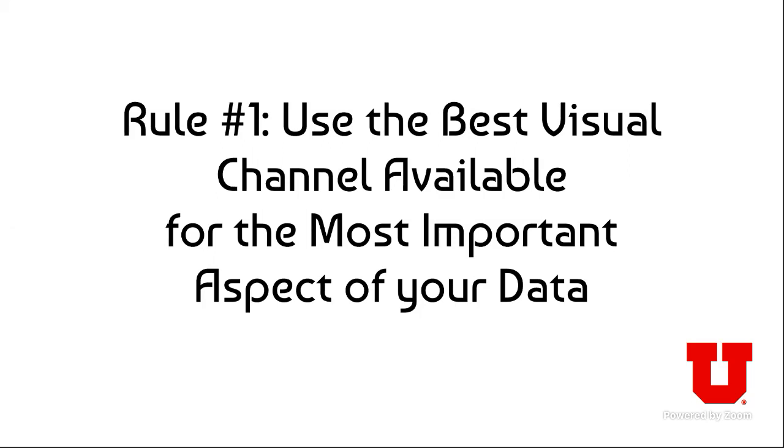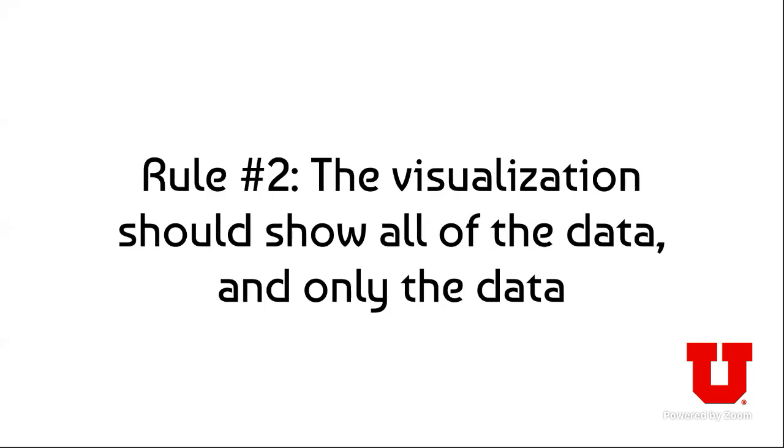If you can't, move on to any of the not so good ones, but always go through that list and follow that ranking to encode the most important piece of your data. We talked about this a lot last time, so I'm just going to leave this here.